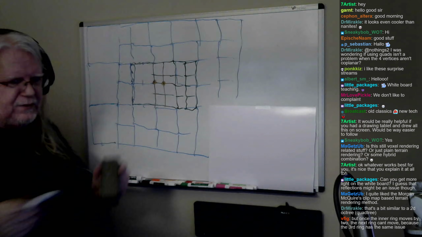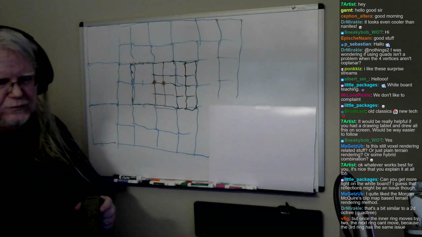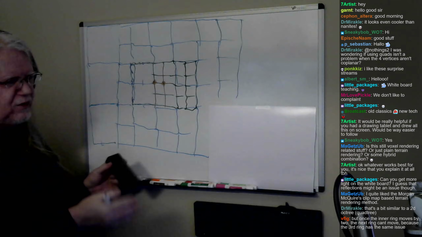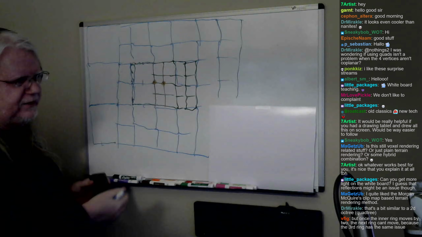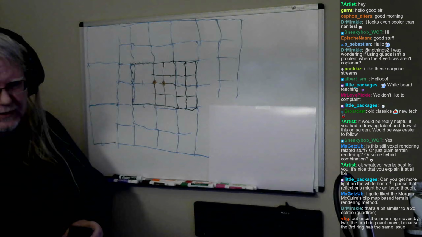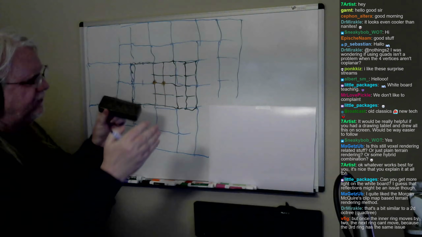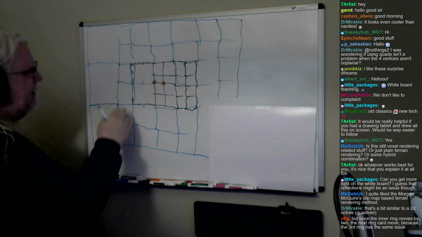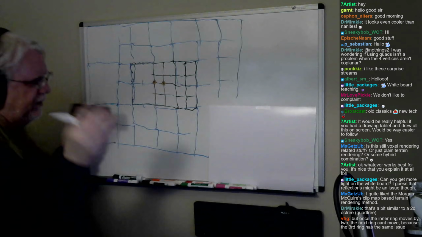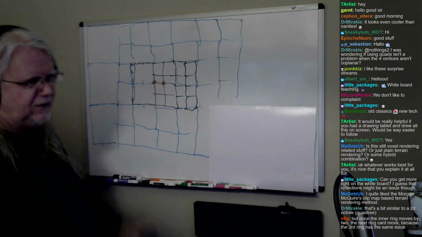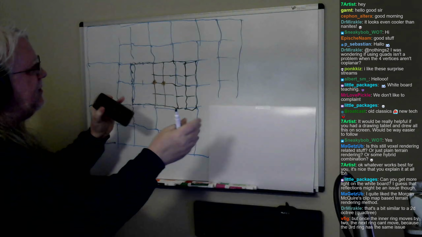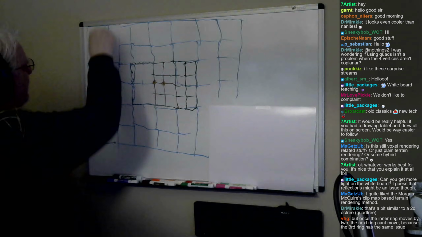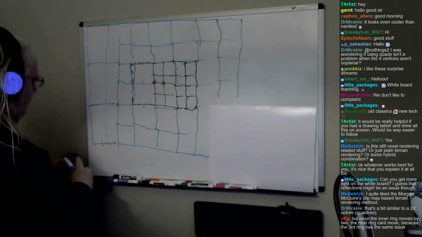So ring 0, we had to move it by 2 before we could move ring 1 by 1, because if we moved ring 0 by 1, there was nothing to fill in the data. So we won't move ring 0 except by multiples of 2. We moved it by 2, and now we can move ring 1 over by 1, the same distance in world space. But now ring 1 is moving over by 1. How do we fill in? Before we moved it, it went to here, actually.